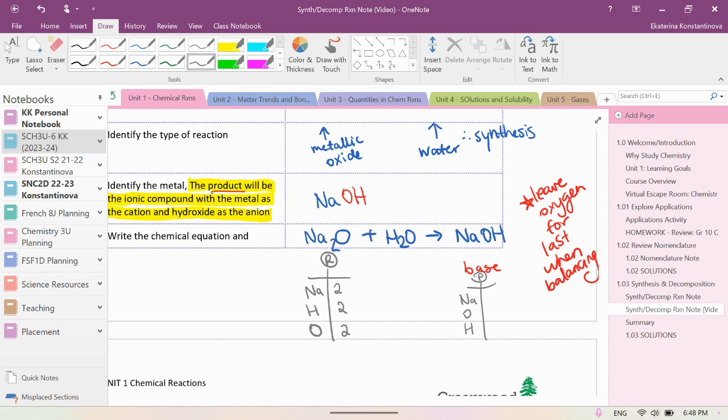On the product side, we have one sodium, one oxygen, and one hydrogen. So we need to add a coefficient. If I add a coefficient of 2, all of these are multiplied by 2. Now let's double check. We have 2 sodiums on the left, 2 on the right, 2 hydrogens on the left, 2 on the right, and 2 oxygens on the reactant side and 2 on the product side. So yes, we are balanced.